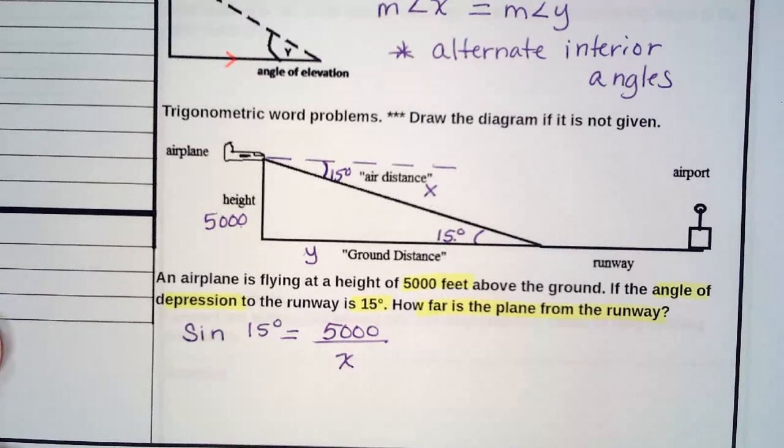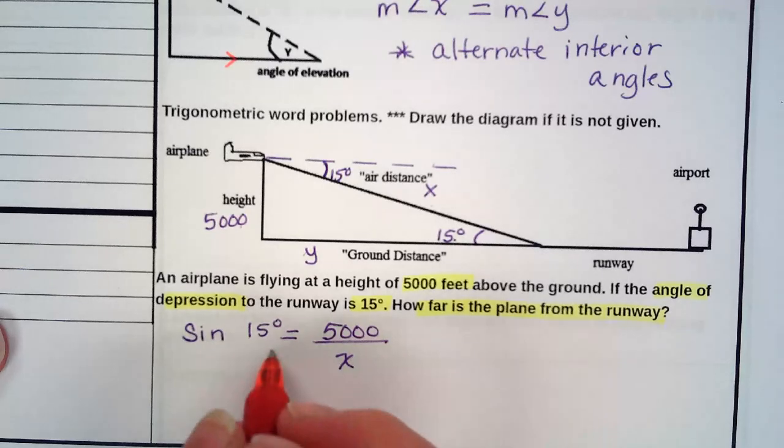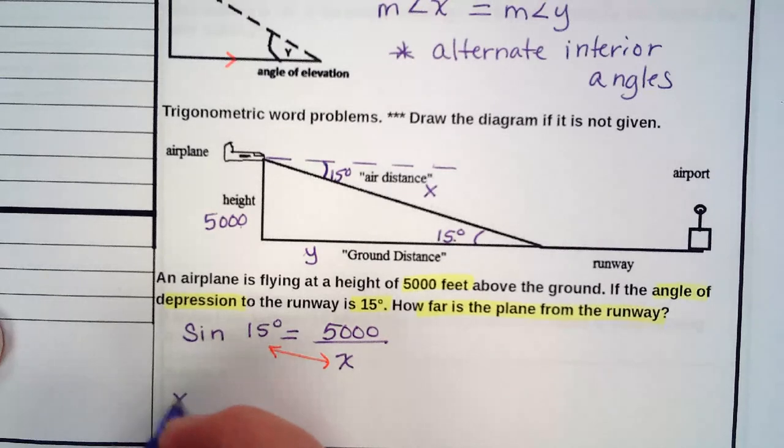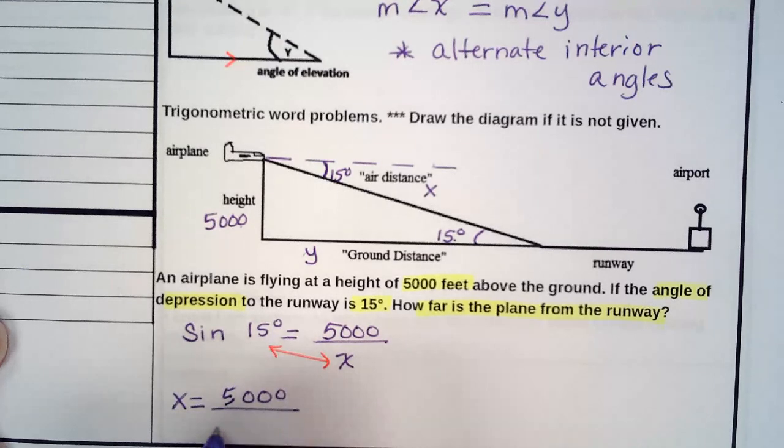Now, I've already explained to you the thought process of what you do when your variable's on the bottom. It's simply you will be doing a flip-flop here. Why? Because you multiply by x and then you divide by the sine of 15. So x is equal to 5,000 divided by the sine of 15 degrees.